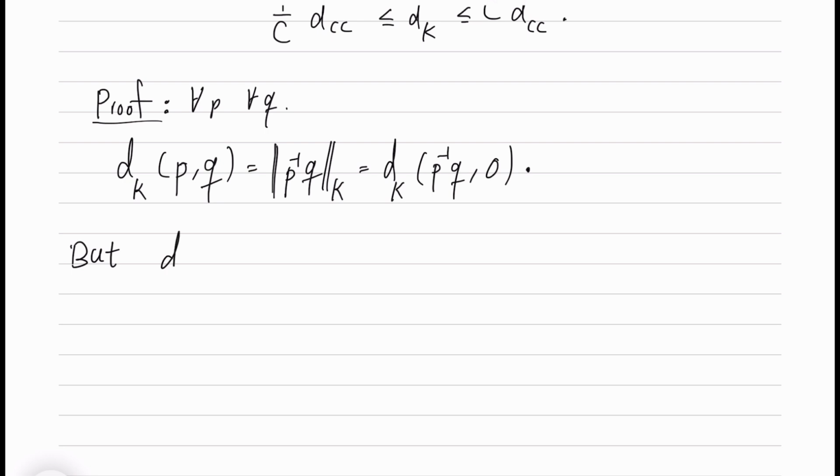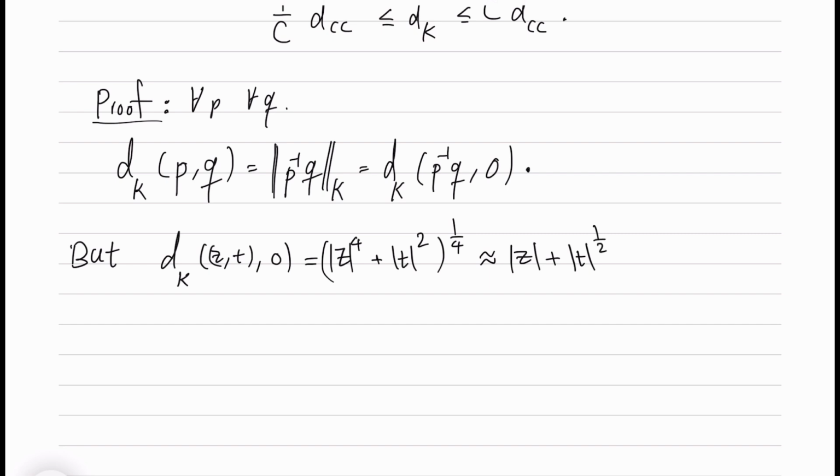But notice that dk of zt to 0 for any zt is equal to z to the 4 plus t to the 2, to the 1 over 4, which is comparable to the absolute value of z plus t to the 1/2, and that we had seen was comparable to the Carnot-Caratheodory distance of zt to the origin.